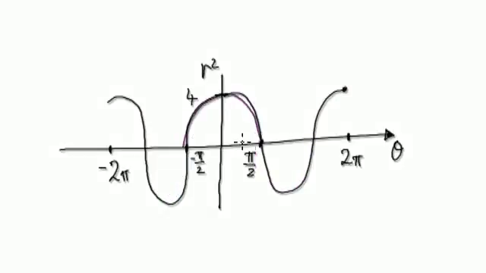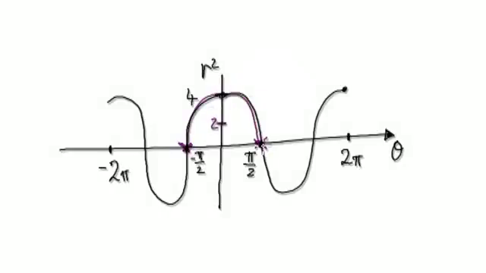So looking at this hump here, when you square root this hump, this 4 here will be 2, because the square root of 4 is 2. And here, r squared is 0, so r will also be 0. We are currently at r squared, and we are interested in getting to r.